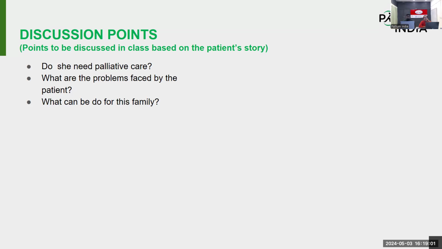And of course, we need to understand all the aspects of care, the problems faced by the patient, not only the physical part, the other aspects of suffering also need to be addressed. For that, we need to understand in detail about the psychological status of the patient and more into the spiritual aspect also. And holistically, we can plan how we can help the family out with the support of the community.